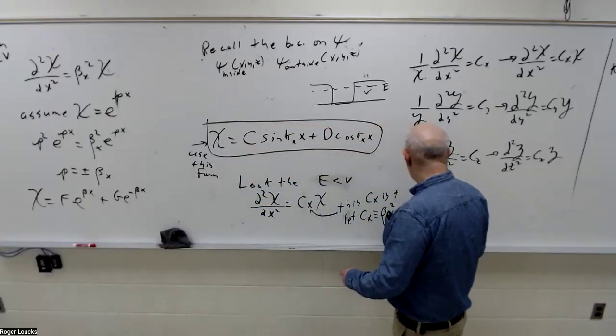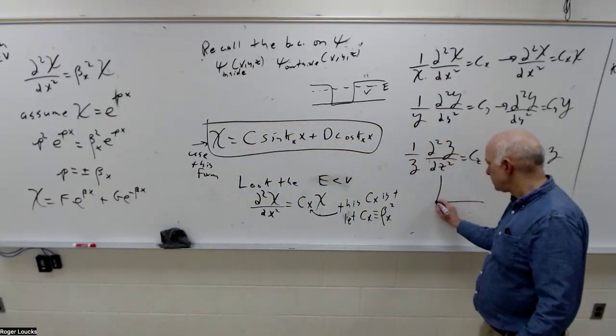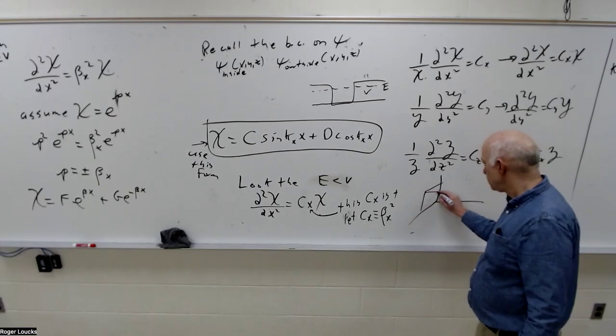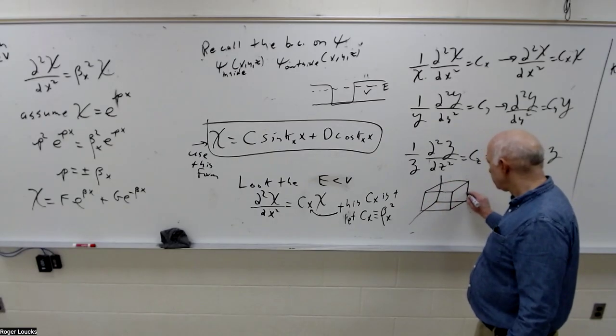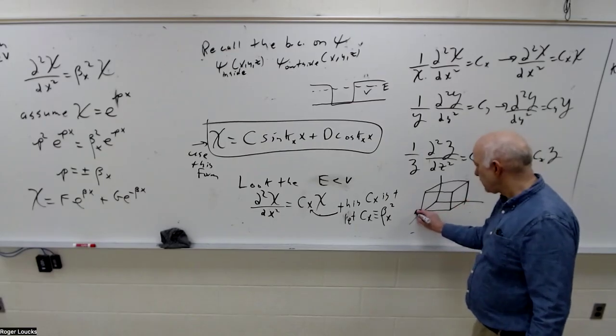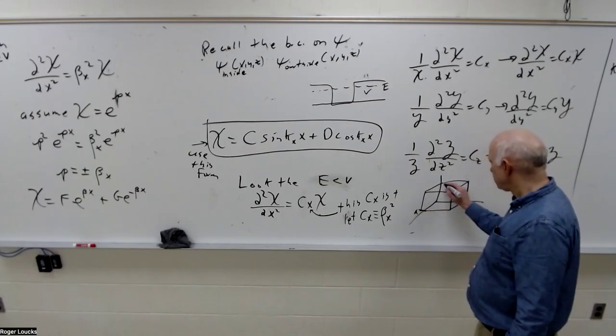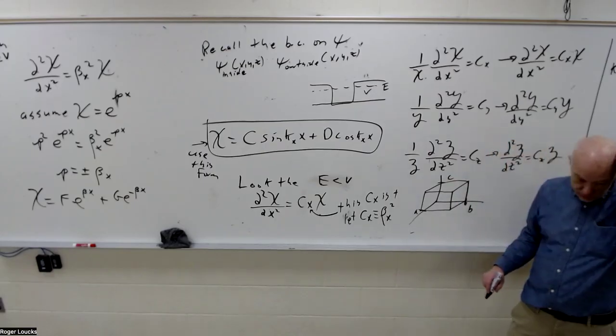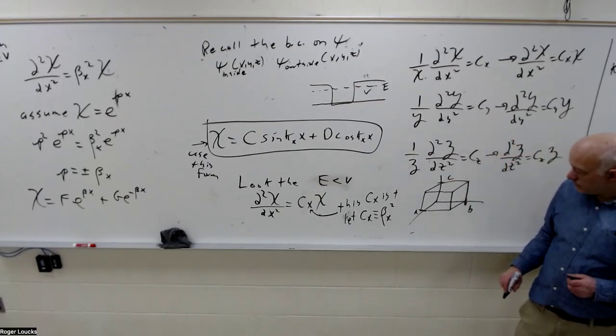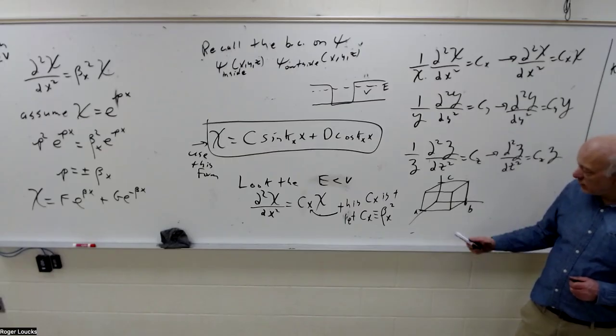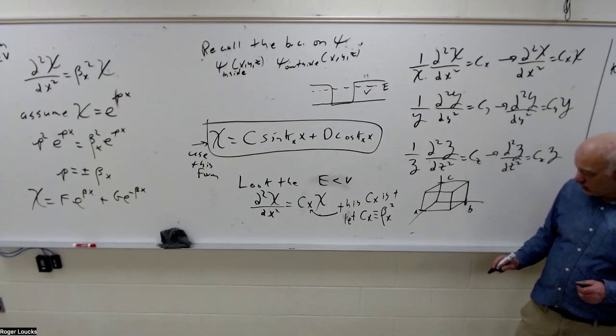So let's draw a little box here. Here's your little box, so that this is A, this is B, and this is C. Okay. Let's just look at the x boundary condition.